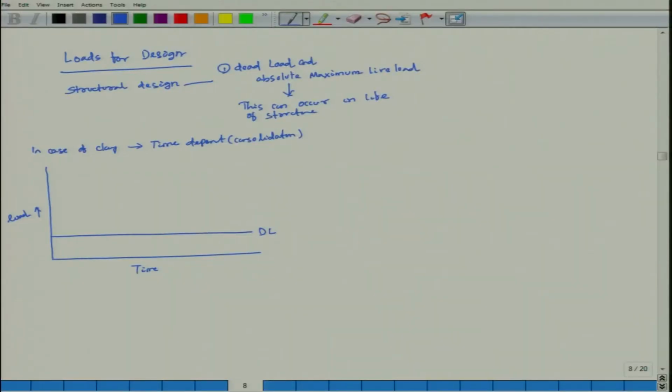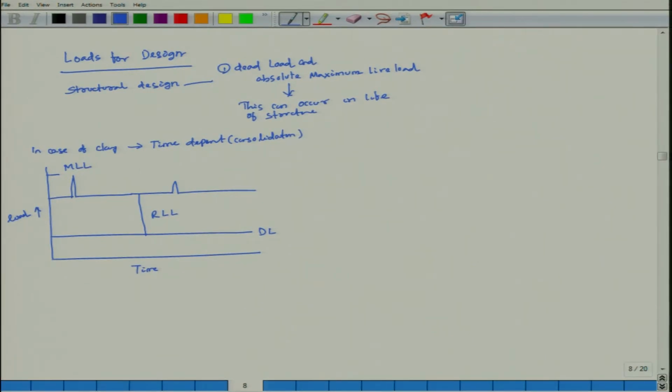Then look here, this is called RLL. RLL is called reduced live load, and this peak, particularly here, is your MLL.